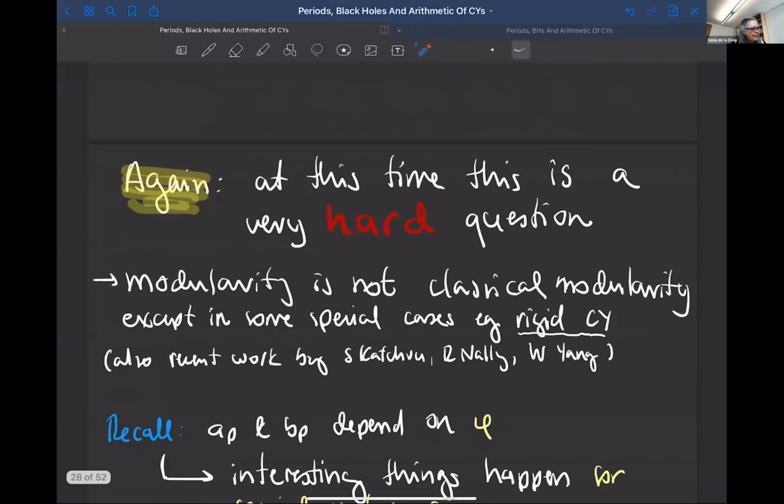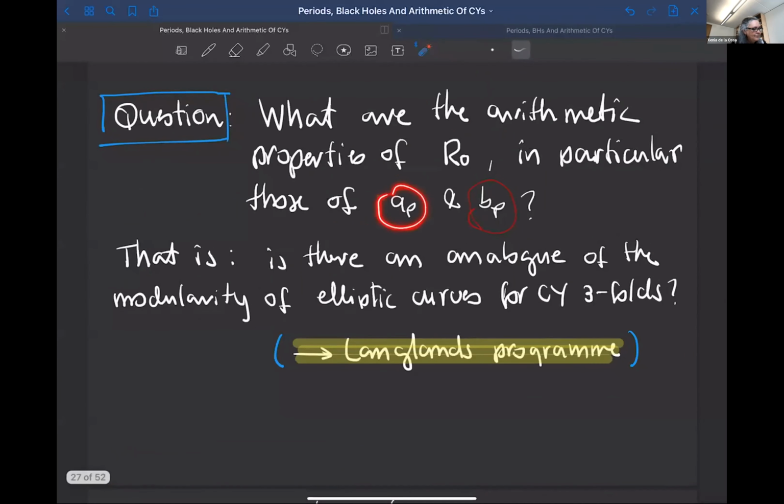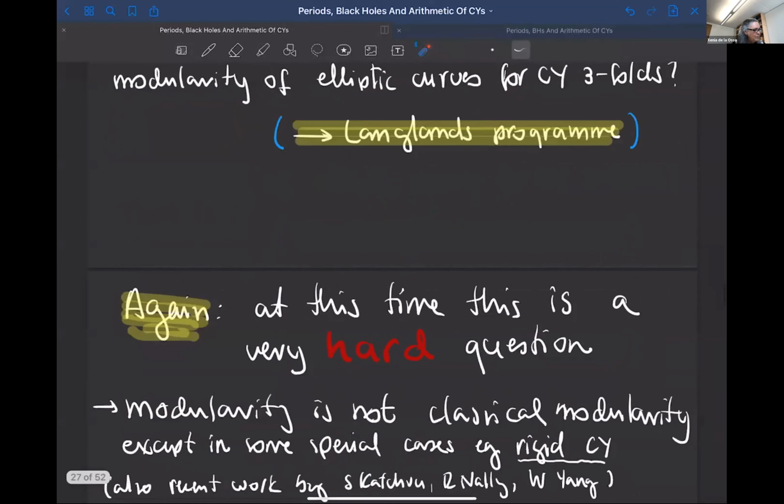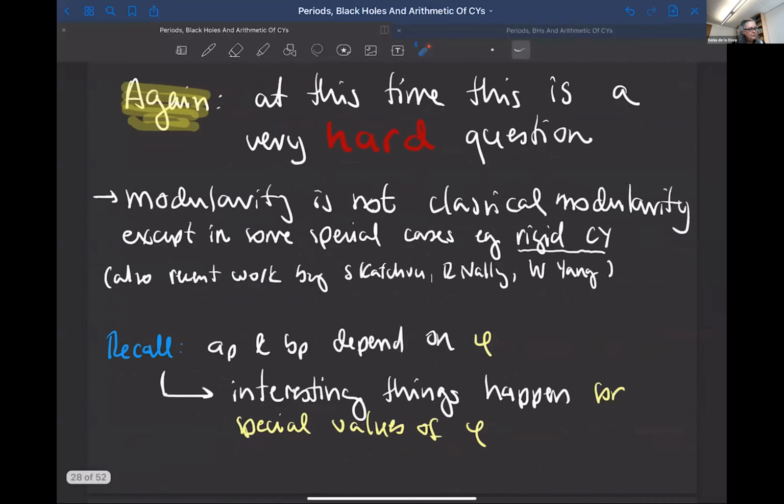what can we learn about these coefficients? What we have done, as you will see in the next talk, is that something very interesting happens, which one can learn from techniques we already have, for special values of phi.